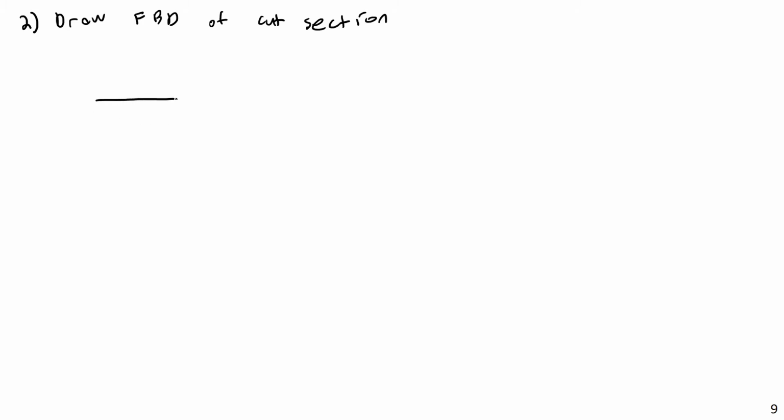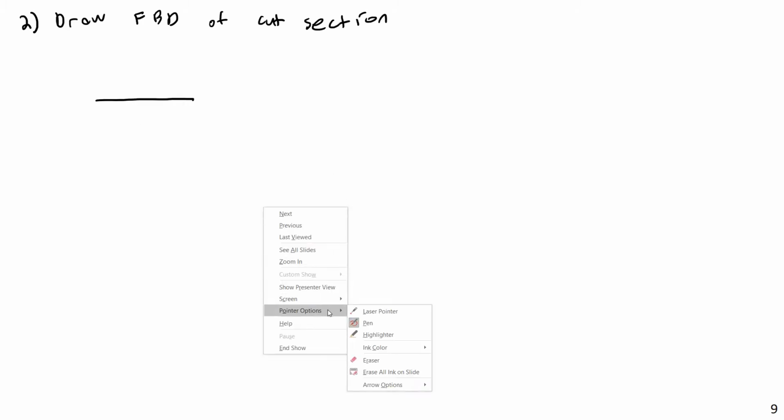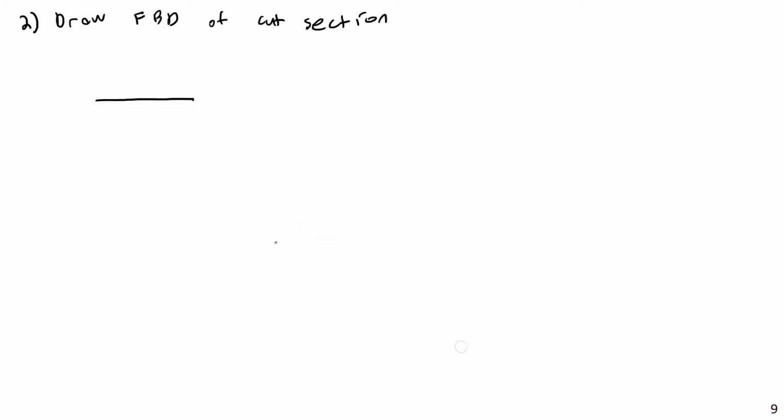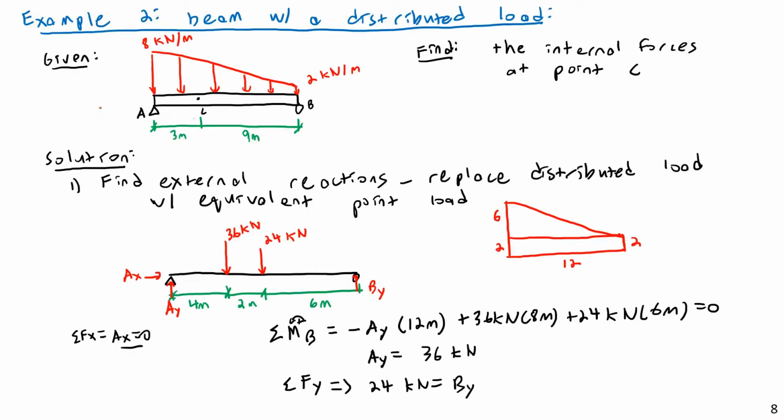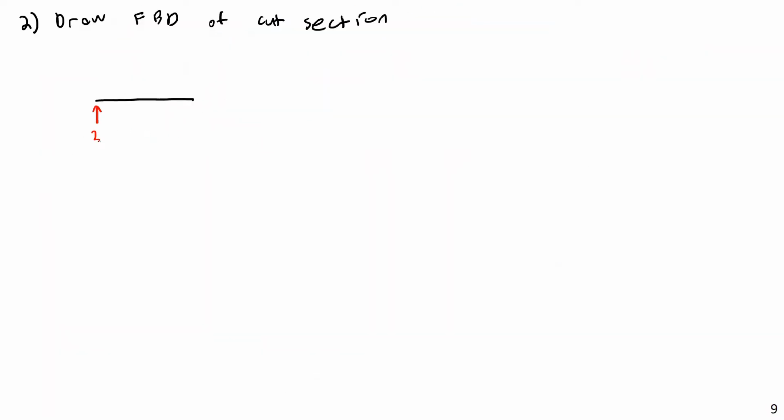So we have our beam here. I'm just going to draw this as a line element. We will have a 36 kilonewton force at the left-hand side. Then I'm just going to assume positive everything.